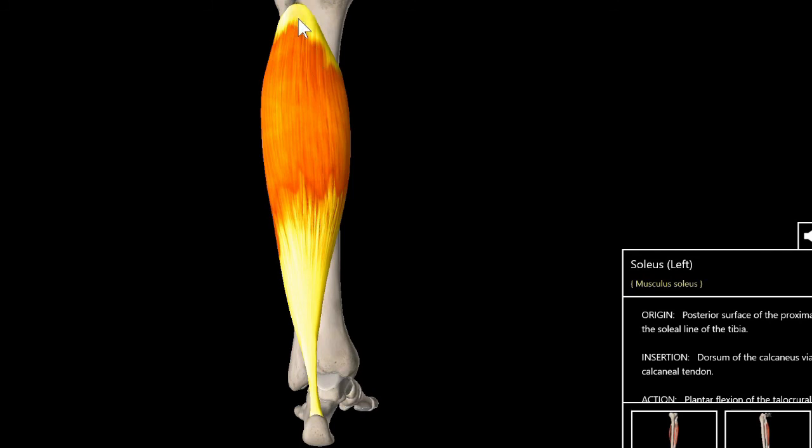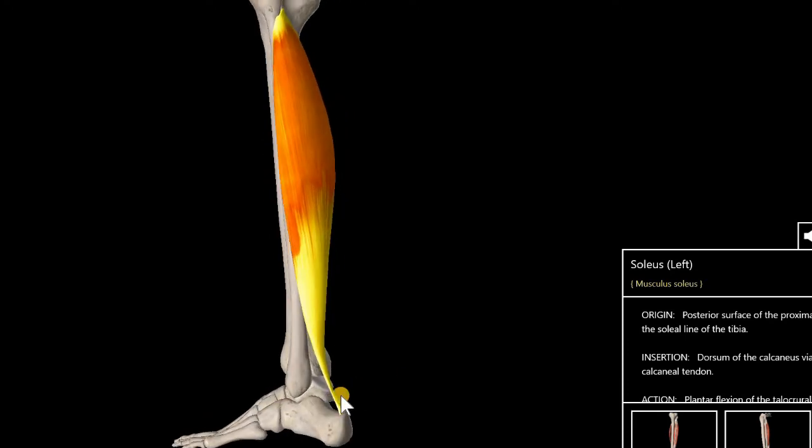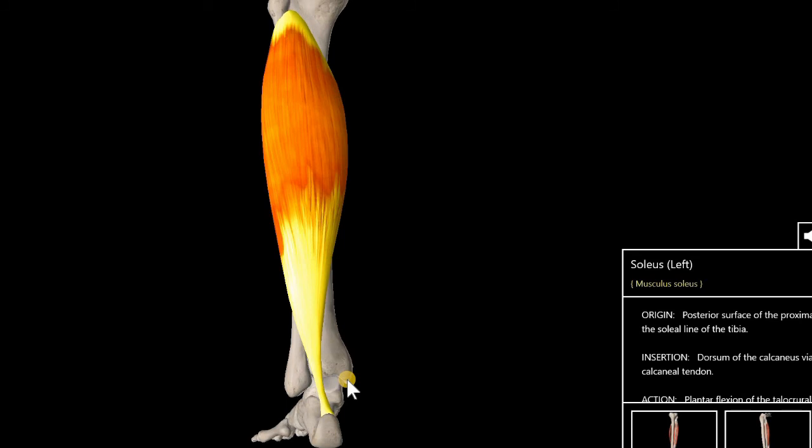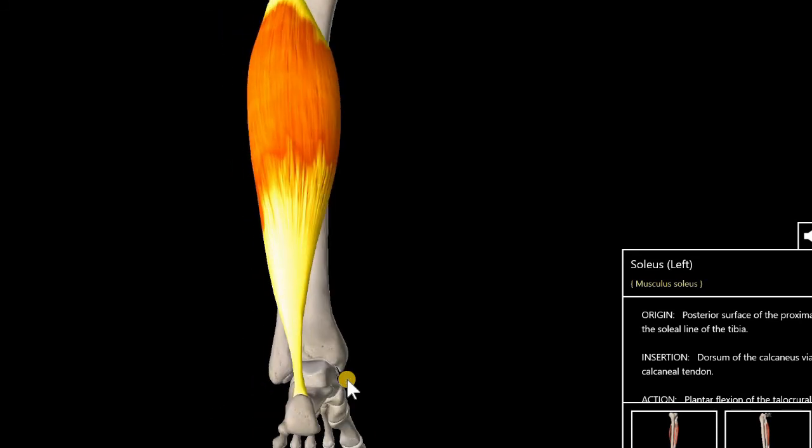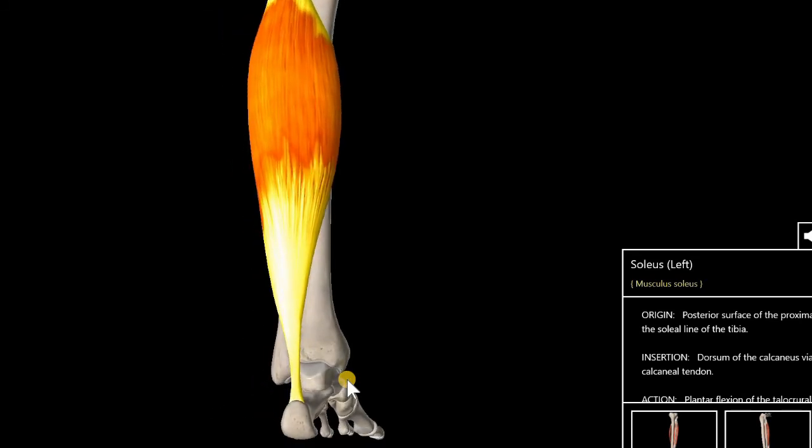Posterior aspect of proximal tib fib is the origin, and its insertion is on the calcaneal tendon and the calcaneal bone. The calcaneal tendon and the Achilles tendon are two different tendons, even though they're in the same area and basically have the same function. Its action is going to be plantar flexion.